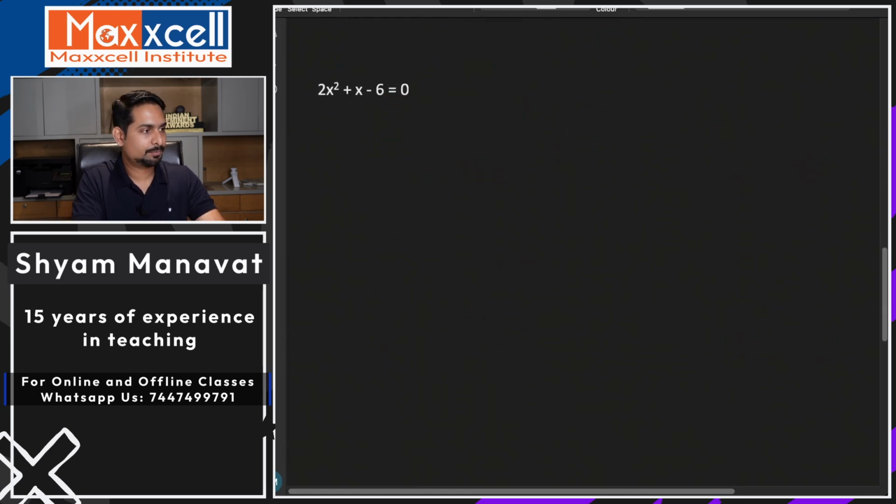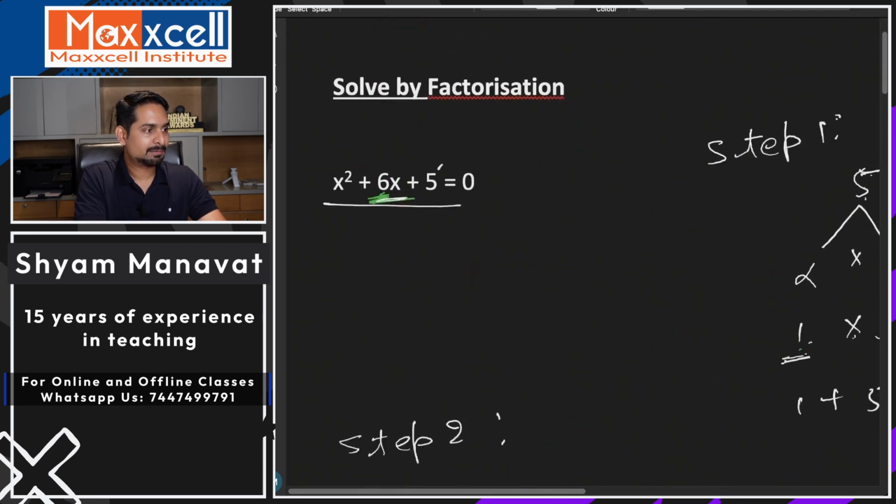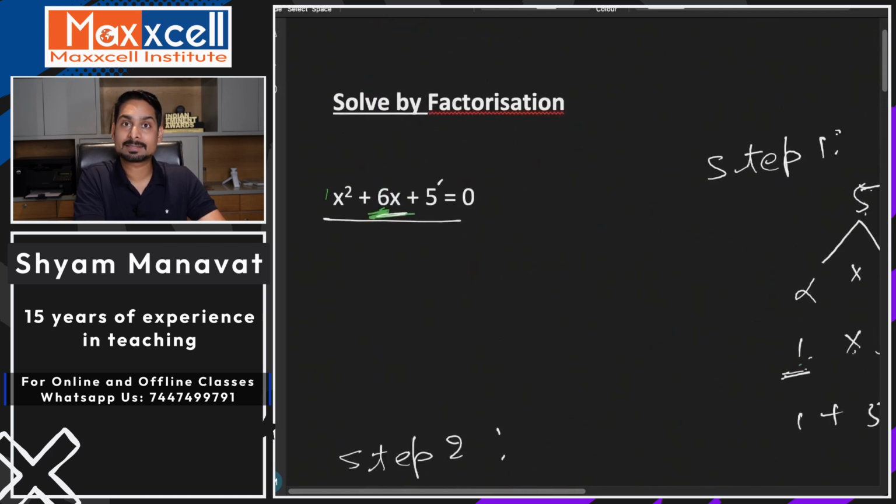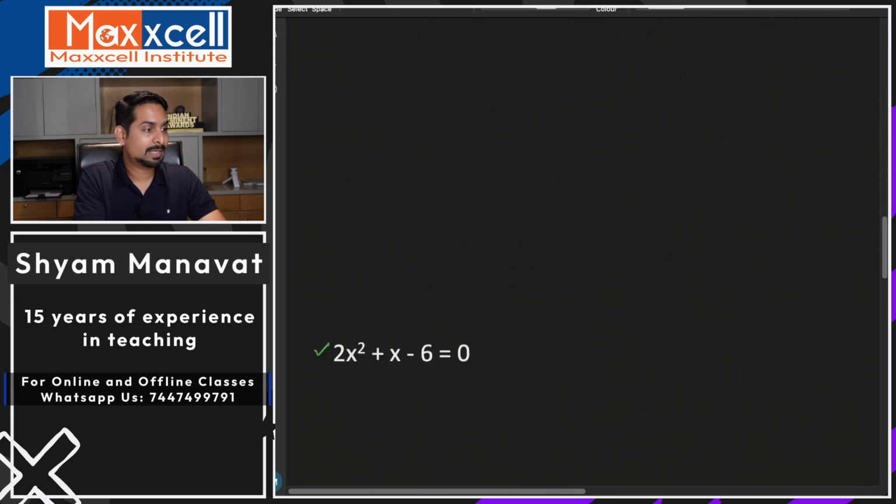Next, what if you have it this way? What do you have like this? 2x square plus x minus 6. What is the difference between this question and the previous one? See, in the previous one the coefficient of x square was 1, whereas here the coefficient of x square is 2. There is a difference.